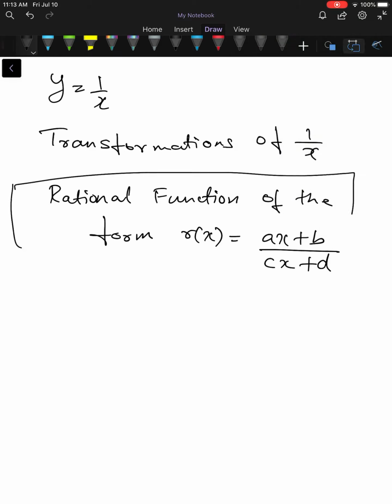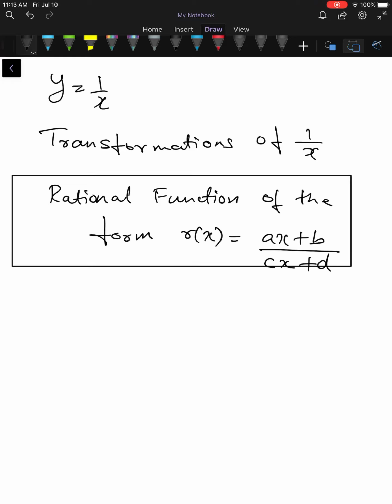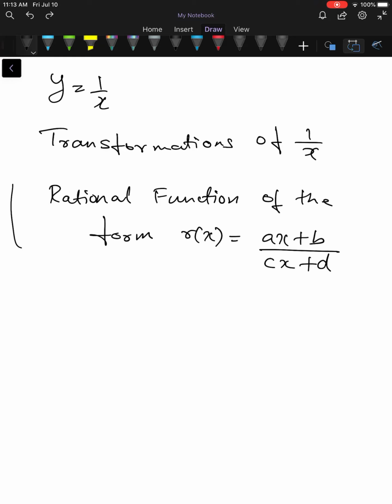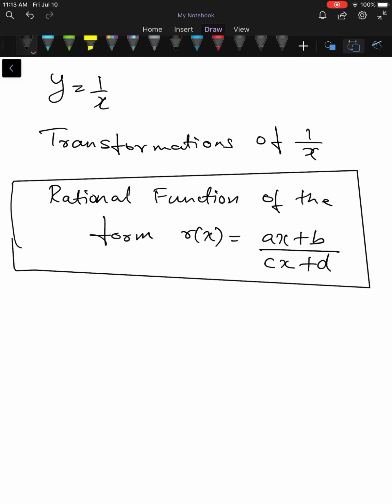Okay, so this is the standard form of the rational function, and such functions are called linear functional transformations.